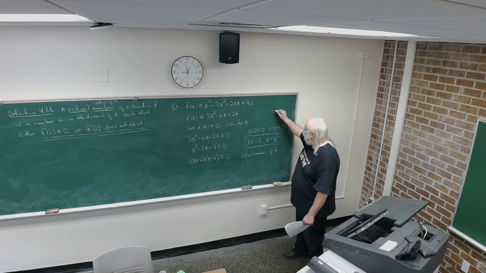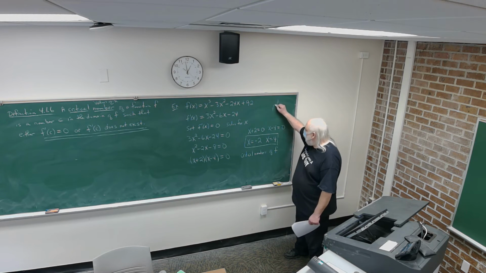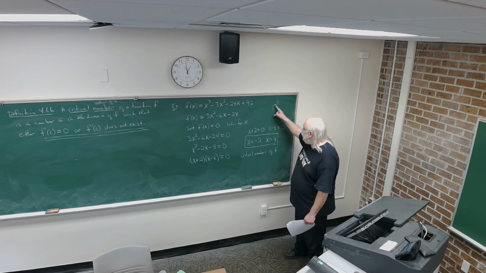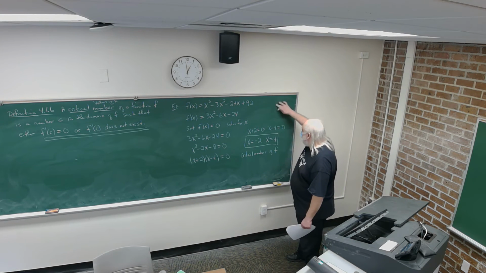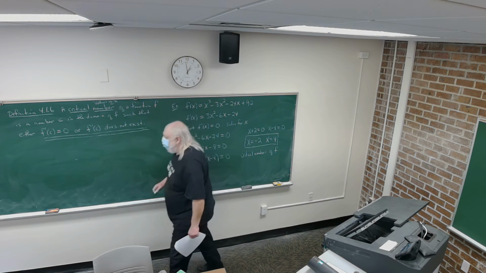Or you might have a situation like we had with x to the 5th, where the slope is 0 for some value of x, but it's not a local max or a local min. So you can't tell at this stage. You just know they're critical numbers. They make the first derivative equal to 0.